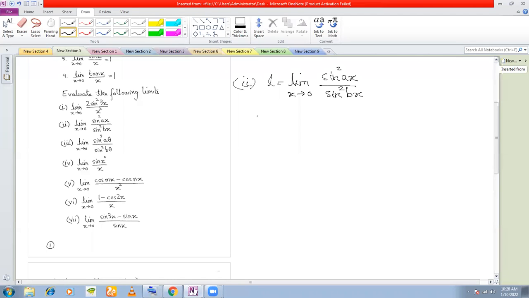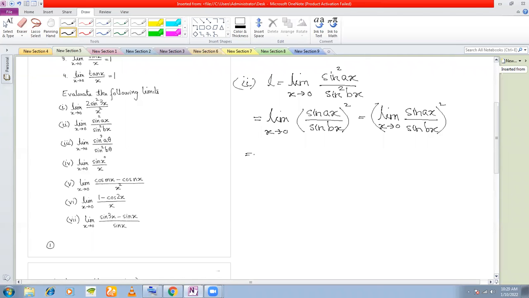So this limit can also be written as limit x tends to 0 of sine ax by sine bx, whole square, right? So now you can take everything within the square, within the limit.